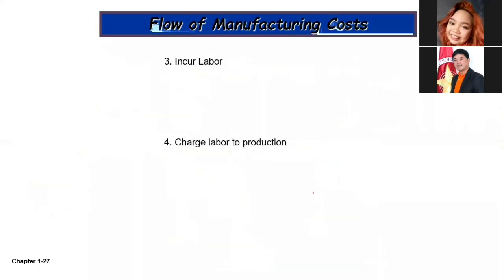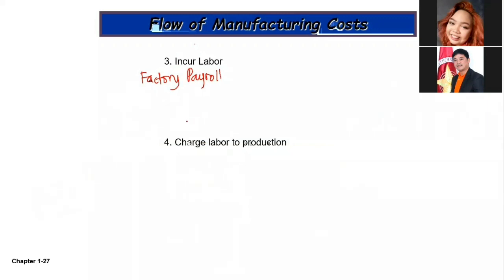At this time, we will go to labor. Mag-i-incur muna tayo ng labor. Pag nag-incur ng labor, syempre pinag-uusapan natin factory labor lang muna. So what do we debit? Factory payroll. Okay? Anong credit natin? Actually, factory payroll, ang sa general accounting, ito yung salaries expense natin.